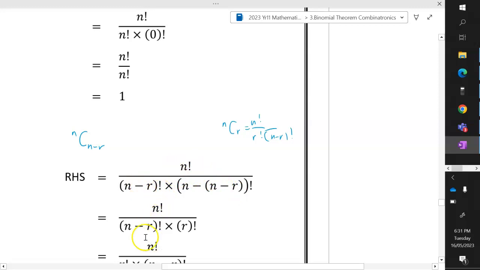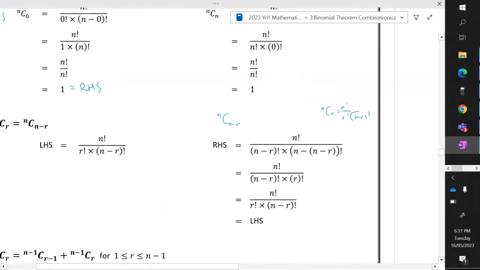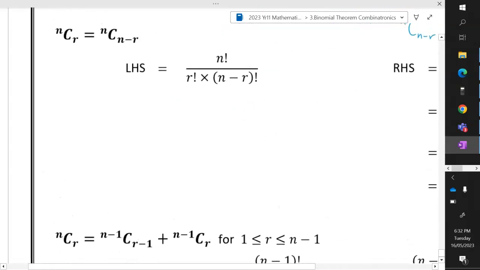The n minus r stays on the bottom. And the n minus r becomes n minus n, which is nothing, minus r, which is r. So we end up with just r factorial, which is exactly the same if we rewrite it like our other left-hand side.